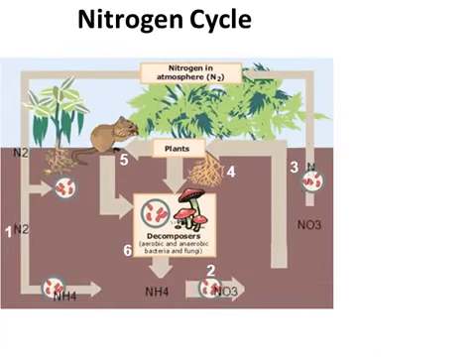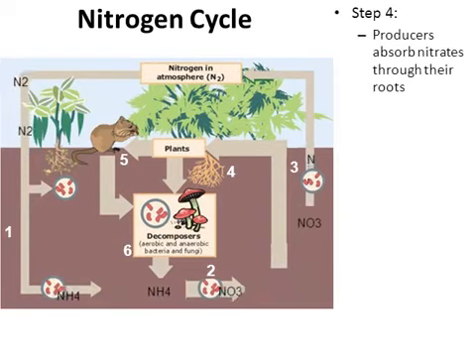So when we look at area 4 of our diagram, we're now going to involve plants. There's a plant in the middle of the picture that's symbolic of our producer. And in the arrows you can see that NO3, the nitrates, are being absorbed through the roots of the plant. Now that there's nitrogen in the plant, I hope it's pretty straightforward what happens next.